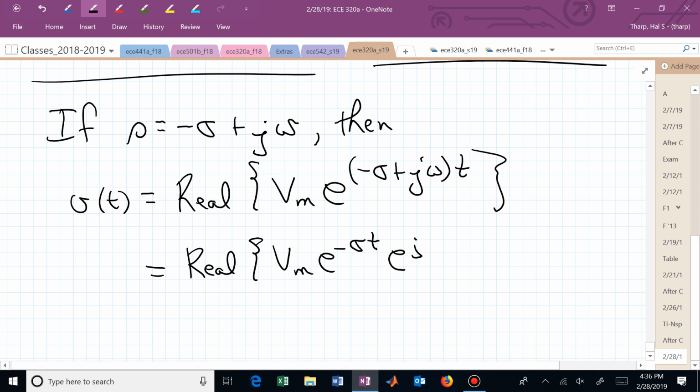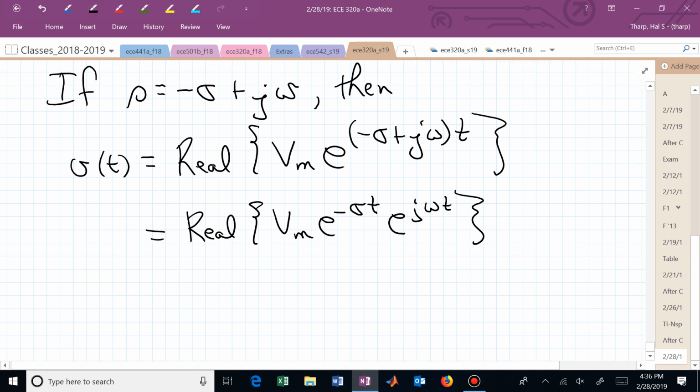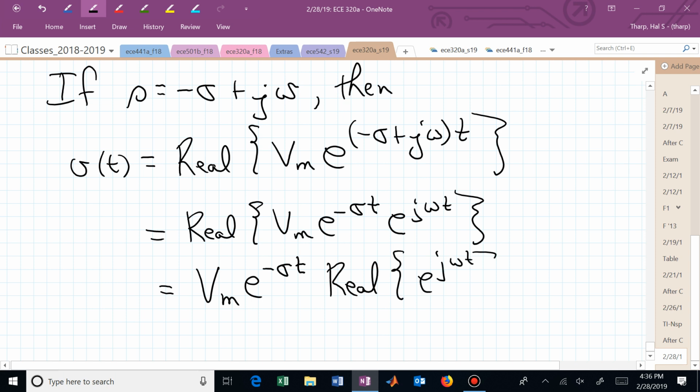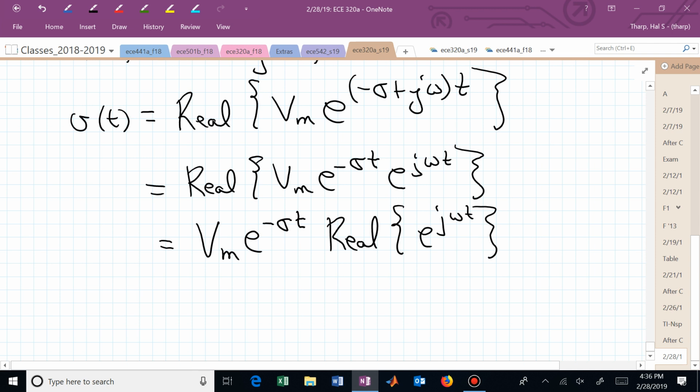Distributing the t and breaking that exponent into a product of terms, v sub m is real, e to the minus sigma t is real, and we have v sub m e to the minus sigma t times the real component of that spinning complex phasor. And we know what that looks like.